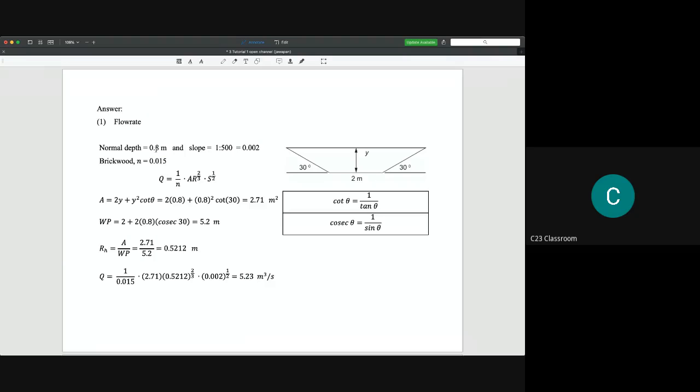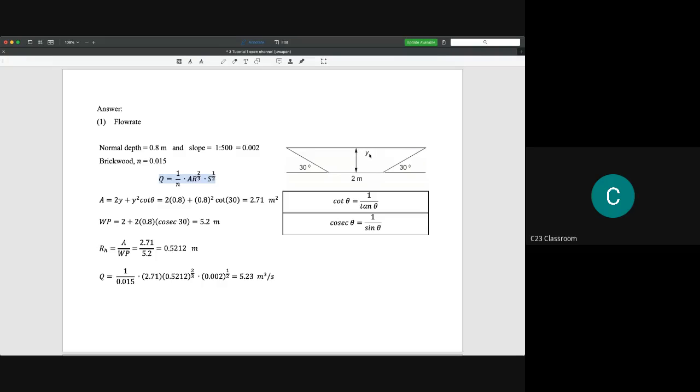Because the question asks about flow rate, we use the Manning equation to solve this problem. This is just straightforward. We have a trapezium here, y is given, and we need to calculate the flow rate. The question is quite easy because all the dimensions here are given.